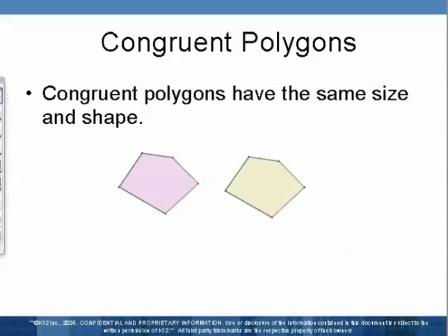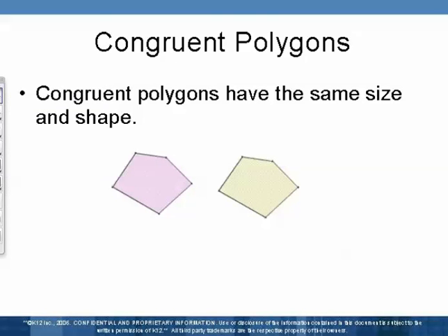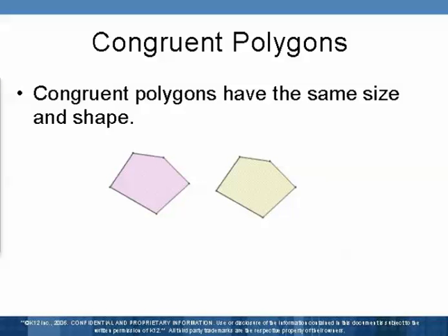Okay? Let's talk about congruence. We have studied a couple of things that relate to congruence. We've studied a couple of properties that allow us to say if two things are congruent, then there are some things we can do, but we've never really talked about what is congruent. If we're talking about polygons, polygons are simply multi-sided objects.